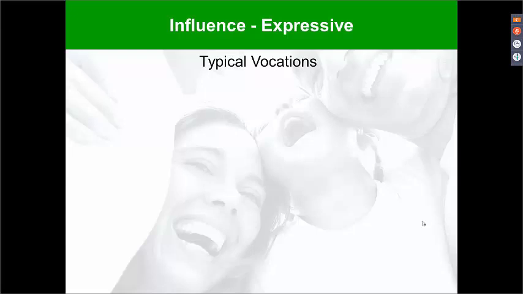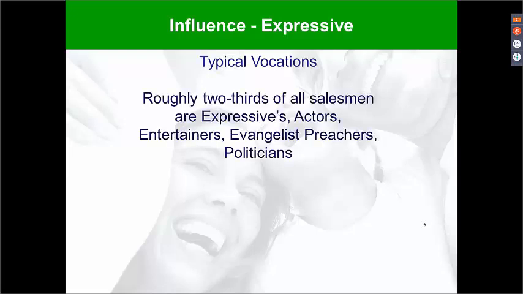All right, let's move on to our expressive individual, our influencer, typical vocations for this individual. Now, Dr. Joan immediately said that she fell into that category of dominant and driver, but I would say her secondary category falls into influence and expressive.